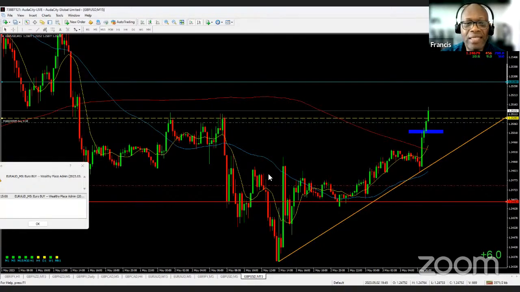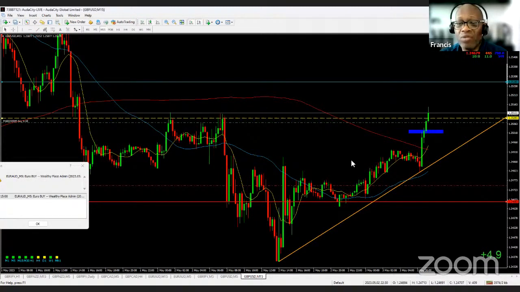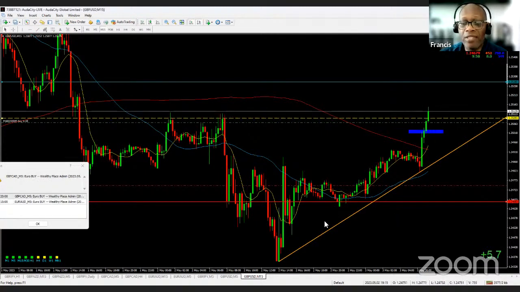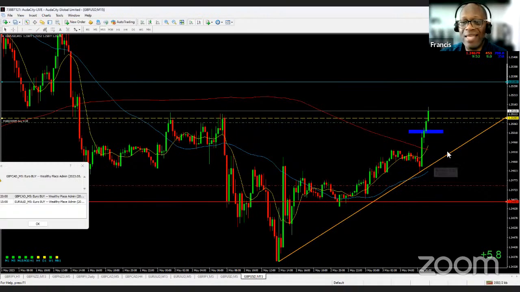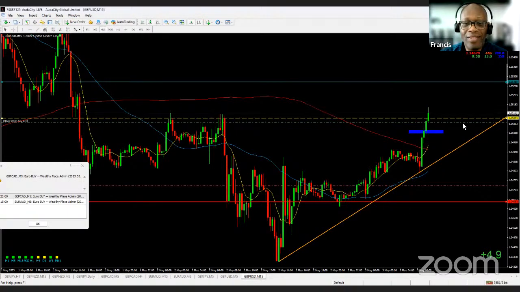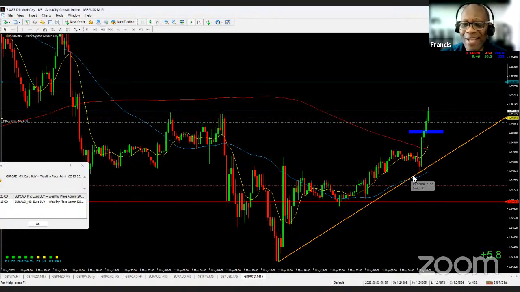One of the strategies that price action traders would use is what you call an ascending or descending triangle. This is an ascending triangle. So for those who think I don't look at price, I don't do price action, eat your heart out.